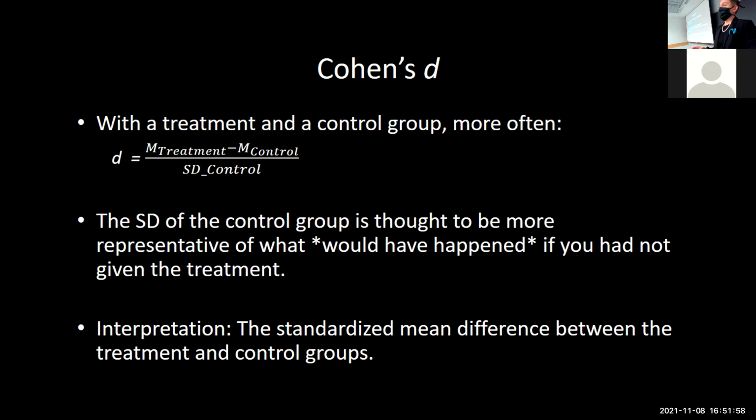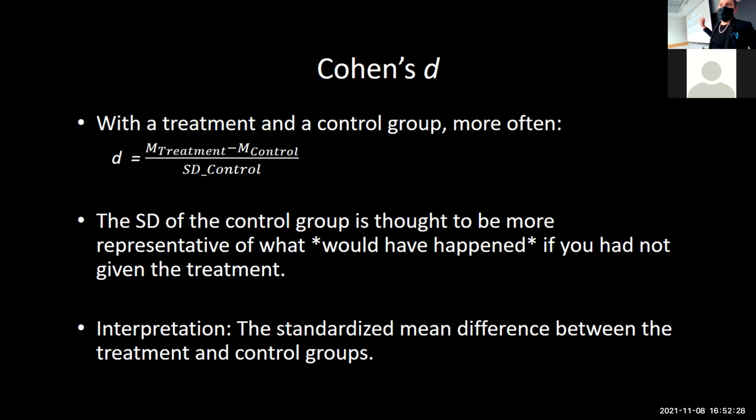When you have a treatment group and a control group and you want to compare the differences between them, oftentimes that's estimated like this: you have the mean of the treatment group and you subtract the mean of the control group, and then you divide by the standard deviation of the control group. We do that because the standard deviation of the control group is what we think would be more representative of what would have happened if you hadn't gone in and messed with people in the treatment.